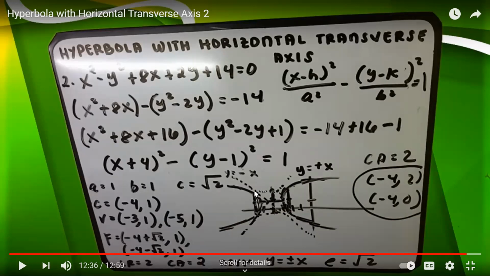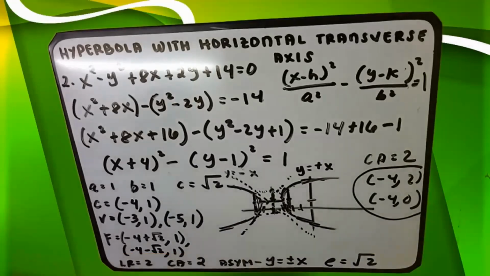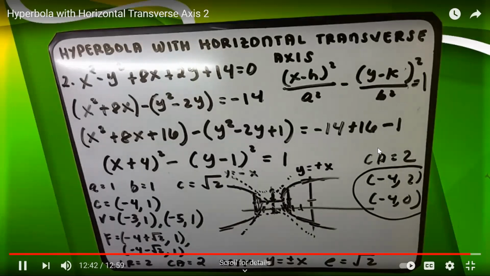And then for the horizontal lines, kailangan ng center niya should be the endpoints of the conjugate axis. Yan, so straight line sa endpoint, straight line sa endpoint. Is equal to square root of 2. So that is hyperbola with horizontal transverse axis, example number 2.